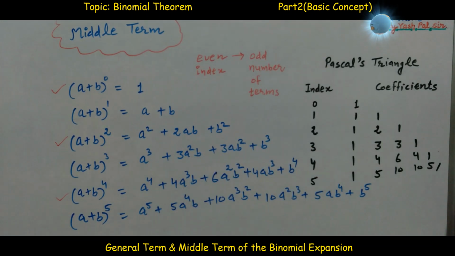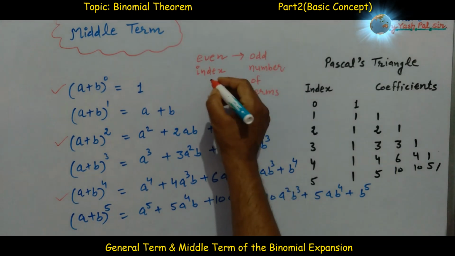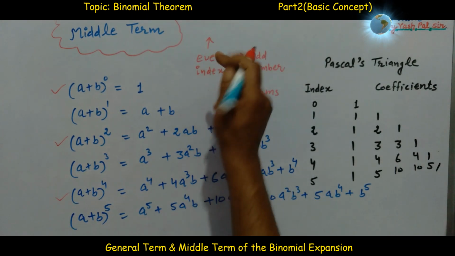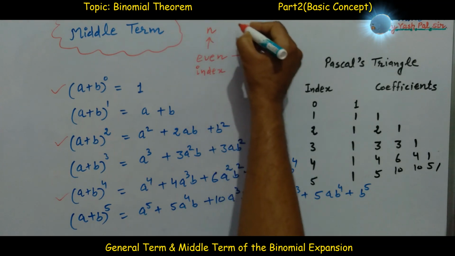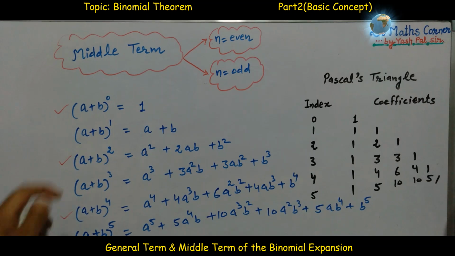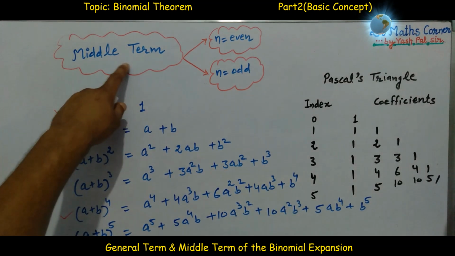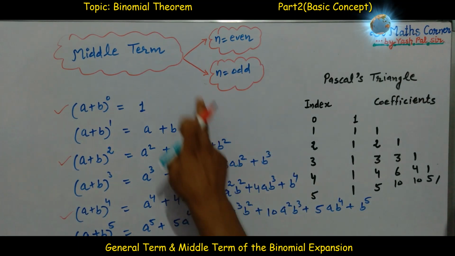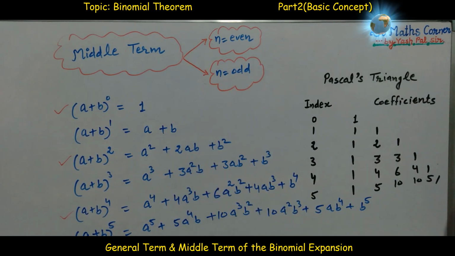So odd means, suppose index is even, we say, suppose this is n, then what is the middle term? Here simply we can say about middle term, what is that? If n is even, then what happens? If n is odd, then what happens?